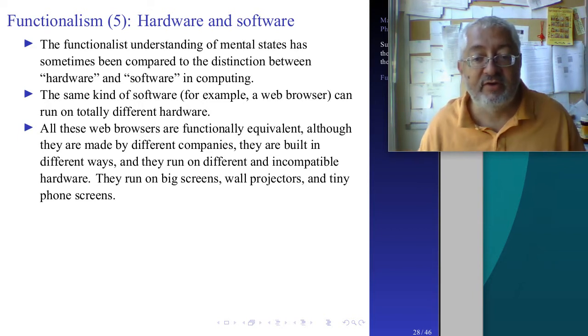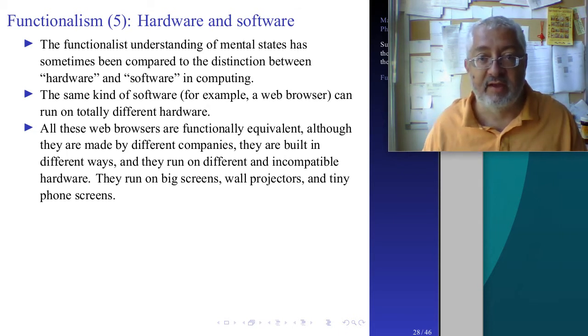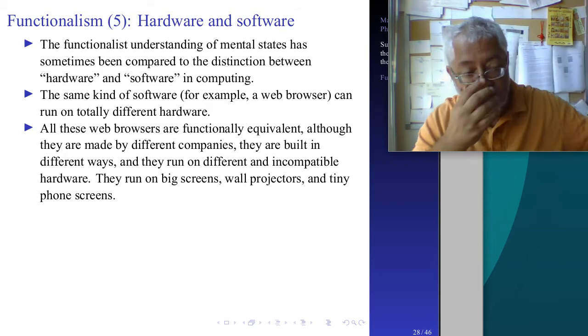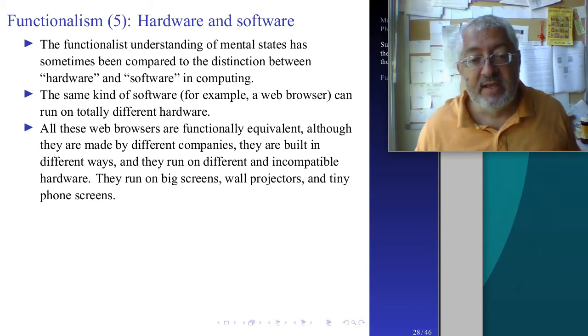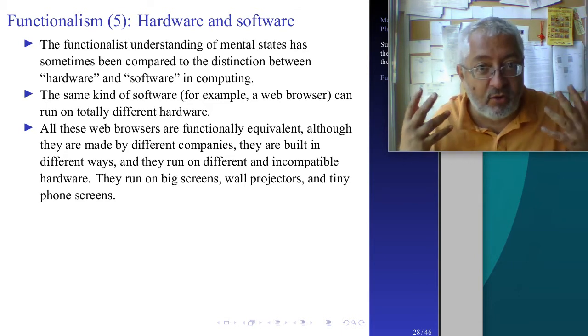They run on different and incompatible hardware. Some of these programs run only on Windows. Some run only on desktop computers that run Linux. Some run only on Macs, like Safari. Some run only on your phone, which is again a totally different computing platform, or on your tablet. Some run on big screens, some run on wall projectors, some run on little phone screens. But they're all functionally the same.